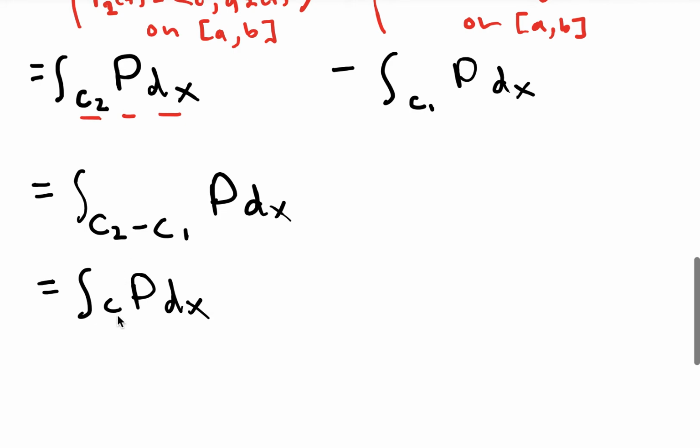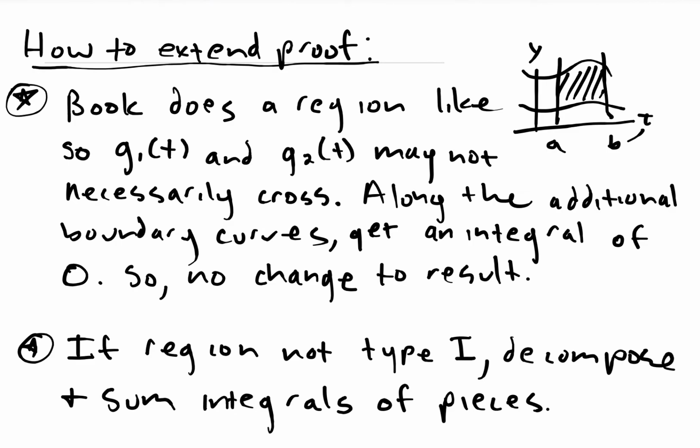Now, I did say that was only part of the proof. If you want to extend this, there's a couple of details that you need to worry about. First off, when the book splits up their argument for this, they worked the problem over a slightly more complicated looking region. Now for us, my G1 and G2 actually intersected at a point.